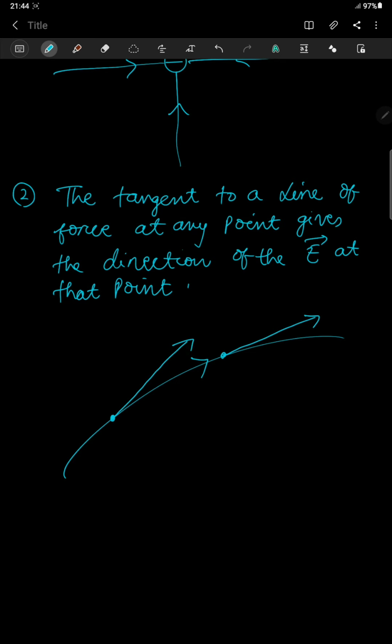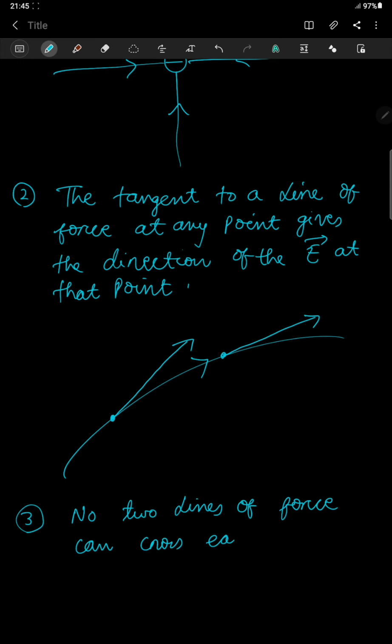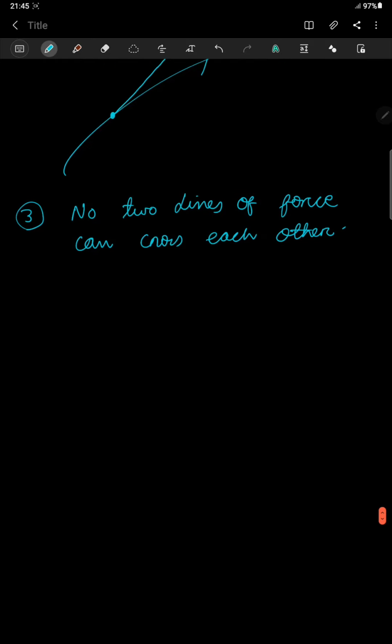Okay, the third property tells that no two lines of force can cross each other, they cannot intersect. Okay, now what happens if they intersect? This comes as a 1 mark question: why these electric field lines cannot intersect.